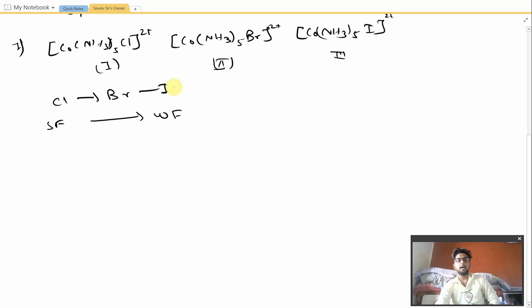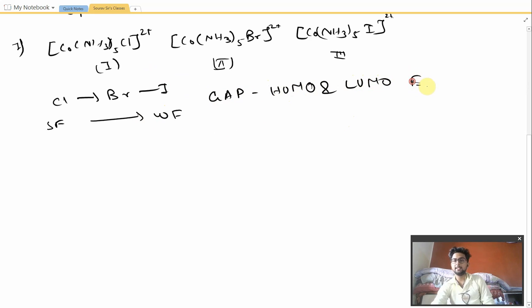So I is the most weak field ligand among Cl, Br, and I. Because I is a weak field ligand, the electron moves from the HOMO to the LUMO easily, so the gap between HOMO and LUMO is very low, that is, the energy difference is very low.